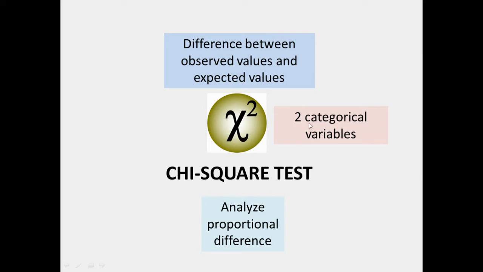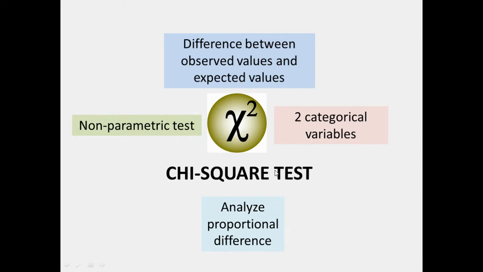So I've given you two circumstances. One is when you have two categorical variables, or you can say two qualitative variables like gender or color, or if you have to compare the proportion between two groups. In that case you have to use chi-square test. Another important point which you need to remember is that it is a non-parametric test. There are two types of test. One is parametric, one is non-parametric.